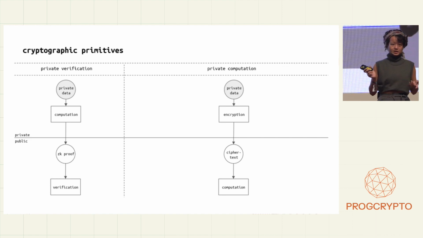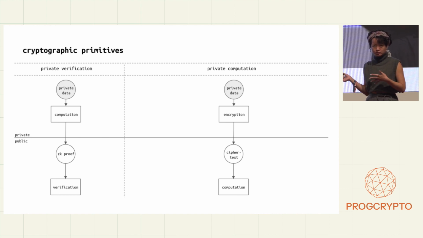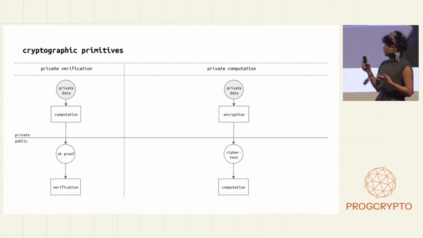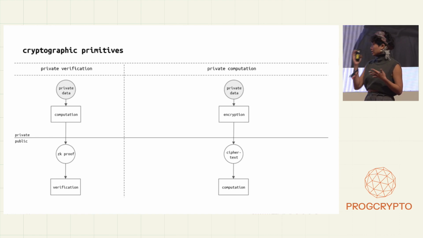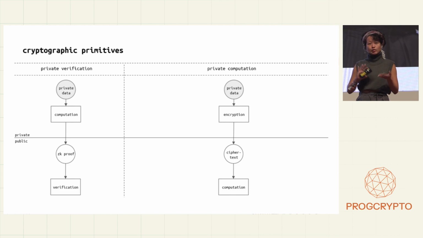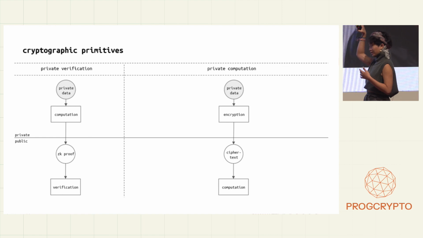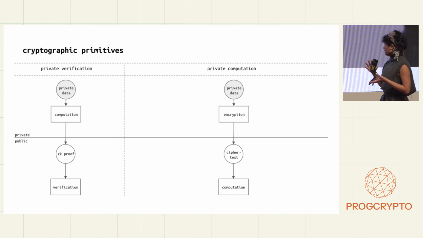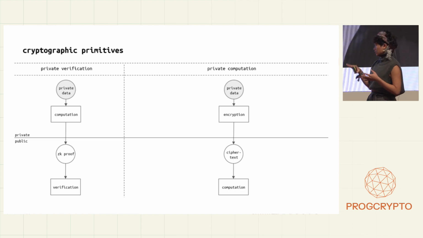Whereas private computation is basically encryption. So it is a structure-preserving way to represent your private witness. And why you want to do this is because the bulk of the computation is happening server-side. So basically, all you're doing client-side is encrypting your data, and you're leaving the server to do the computation blindly on your ciphertext.